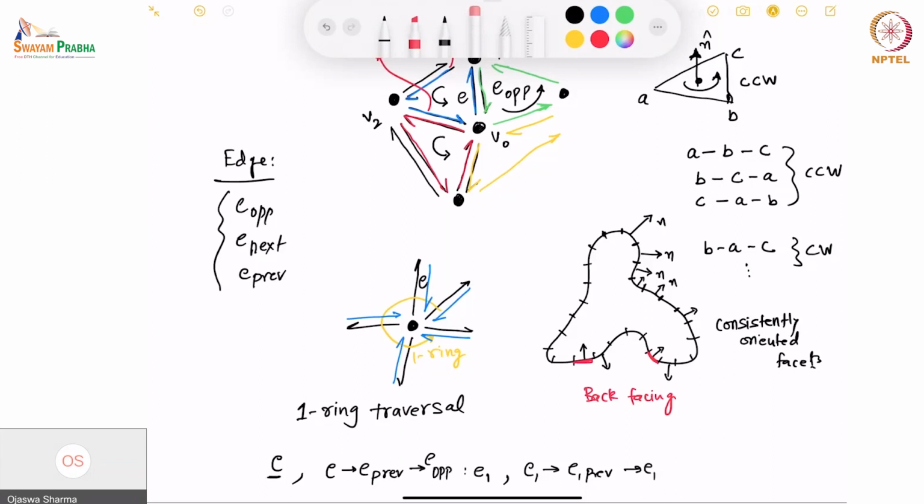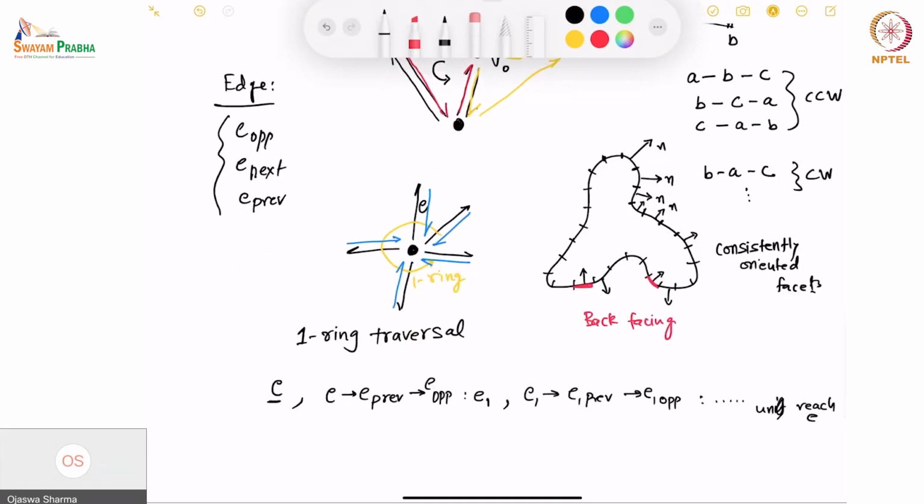If you want, I can explicitly write it up for you. And then you keep doing it until you reach E. So it's a while loop. Until you get back the pointer E, you keep on doing E to E previous to E opposite. And that's going to do one ring traversal.